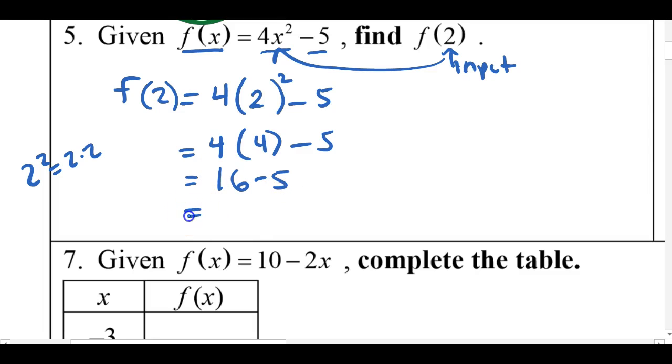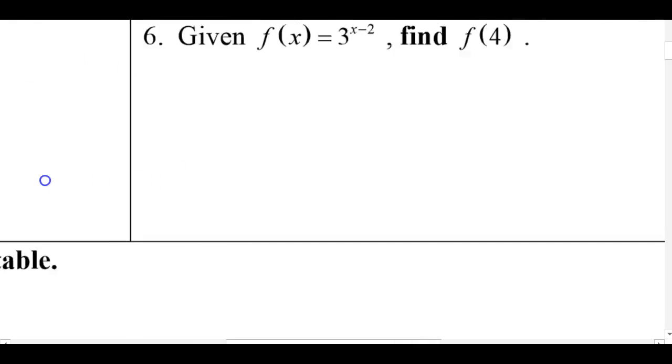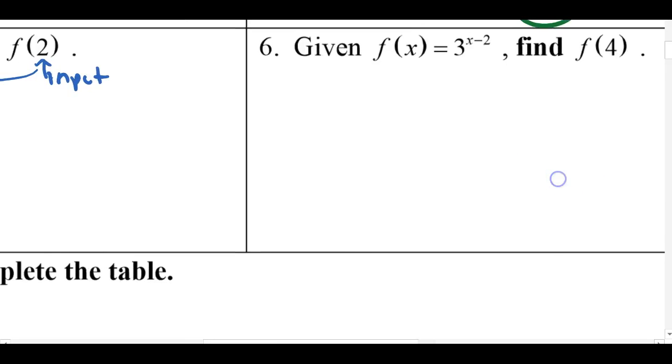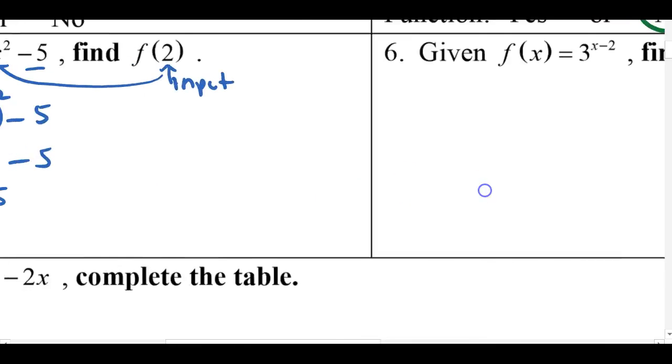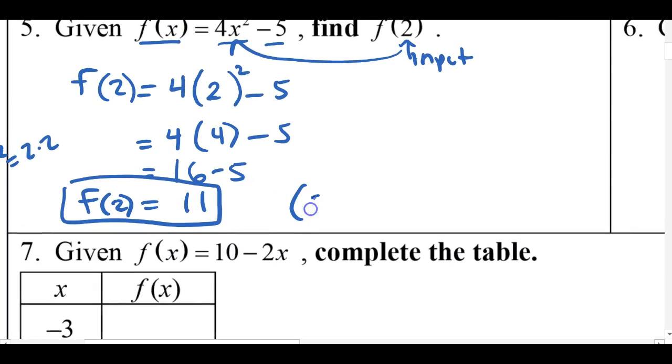Okay, now we can do 16 knockus 5, or minus 5, which is 11. And when I write my final answer, I'm going to write f of 2 equals 11. Okay, that's my output for 2. And I can actually also write this like a point, 2 and 11.